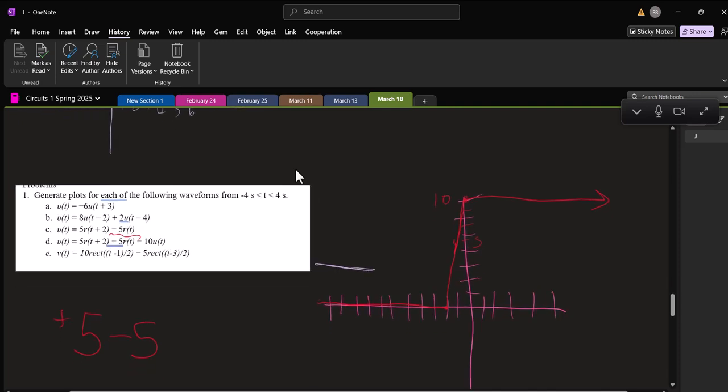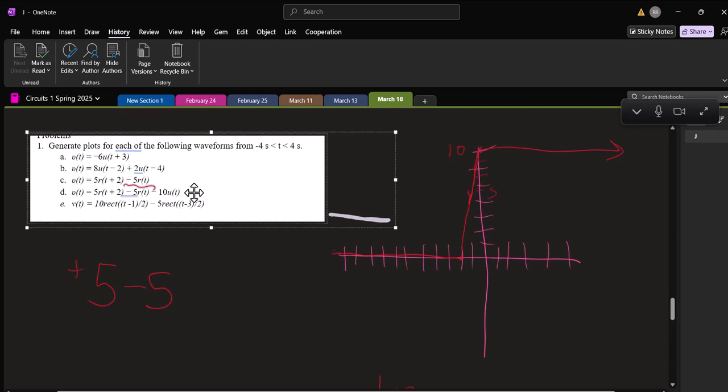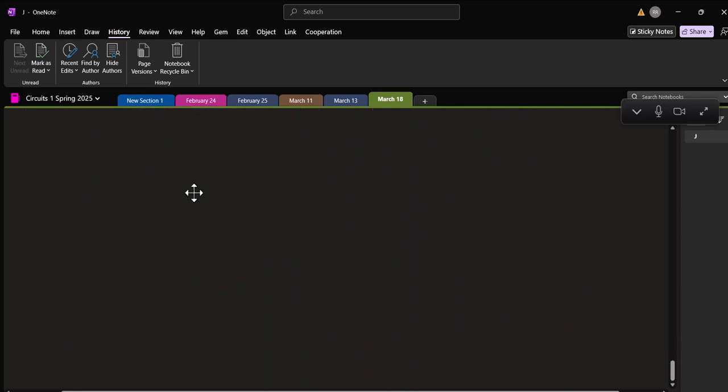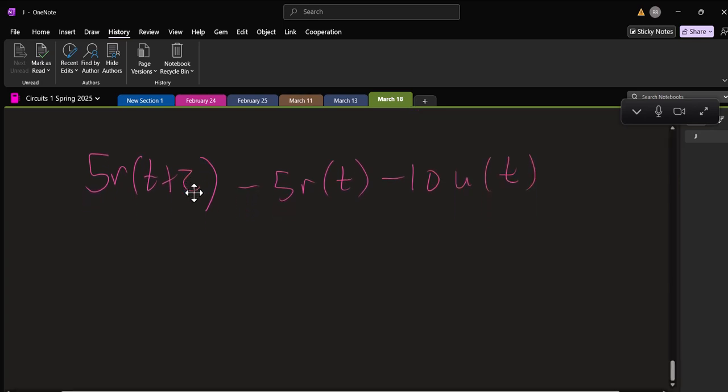Okay, now I have 5r t plus 2. Can y'all tell me what the rest of it was? 5r t plus 2 minus 5r of t minus 10u of t. Okay, so the minus 10u of t says when you get to 0, you're going to shift everything down by 10.